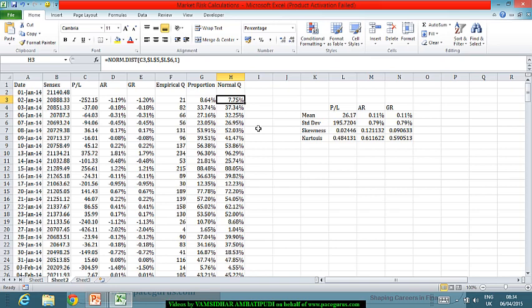If it is following a normal distribution, only 7.75 percent of the elements should be below this minus 252.15. But I am seeing that approximately 8.64% of the values are below this.